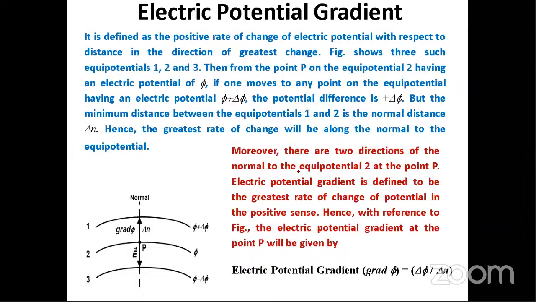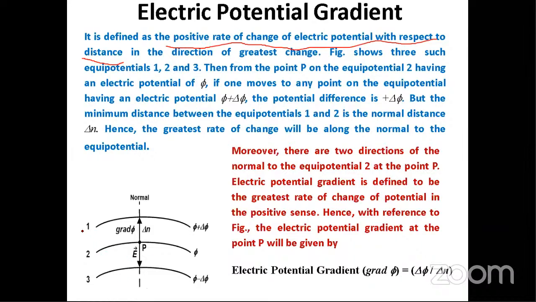But what is the difference? Electric potential gradient is defined as the positive rate of change of electric potential with respect to distance. In the previous slide we also represented the electric field as the rate of change of electric potential with respect to distance, but there the rate of change is negative.